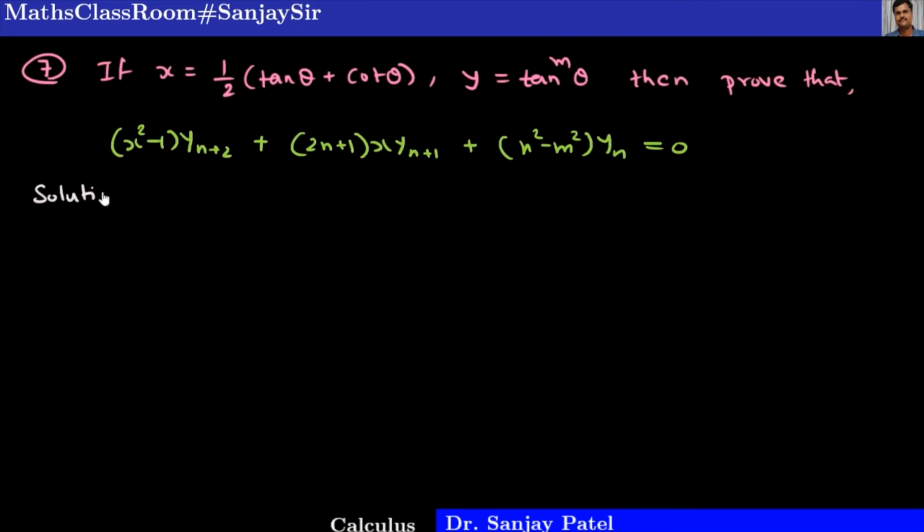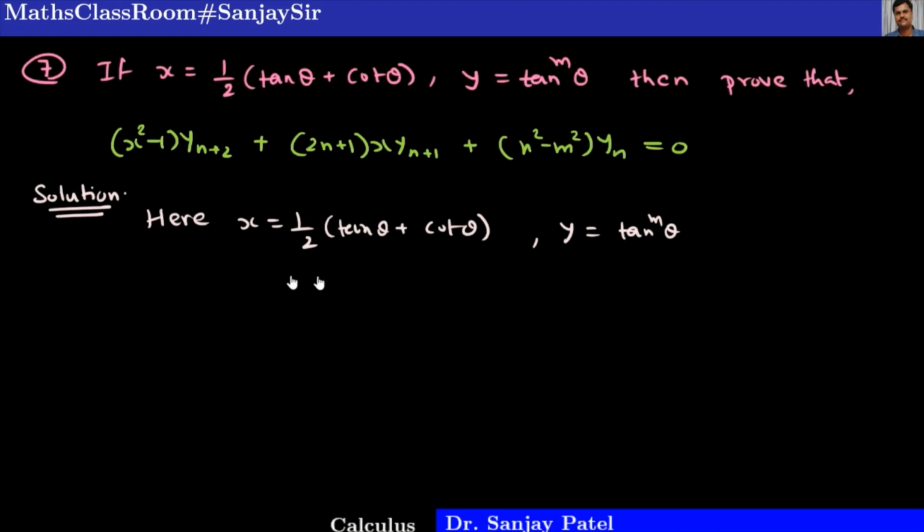We'll see how to convert this again into problem number 4. Here we have parametric equations of the function x is equal to 1 upon 2 into tan theta plus cot theta and y is equal to 10 raised to m theta.